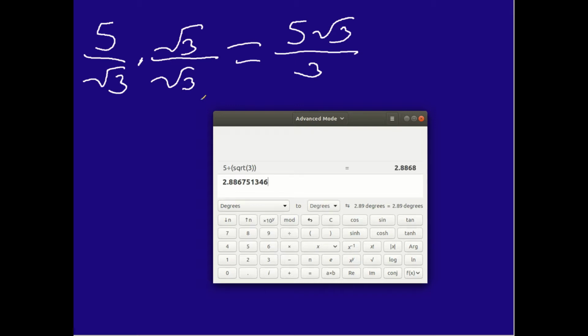Now I clear out, and I do 5 times the square root of 3 divided by 3, and I get the exact same number. So we know this works.